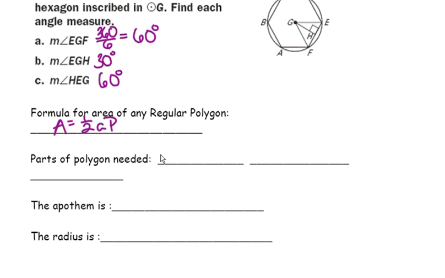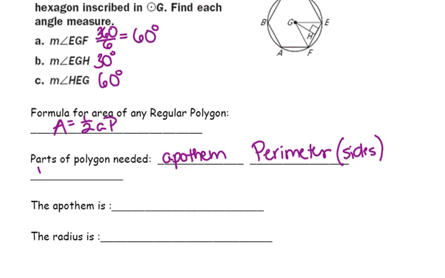And the parts we need for that are the apothem and the perimeter. And so frequently in order to find the perimeter, which means we've got all the sides, we also need the radius. If we have any of these parts, then we can find all the rest of the things that we need to use the formula.